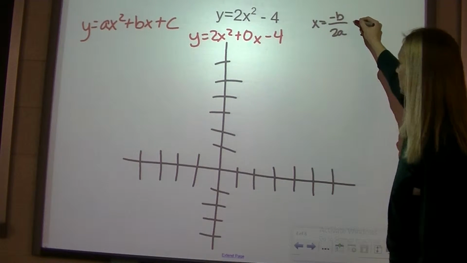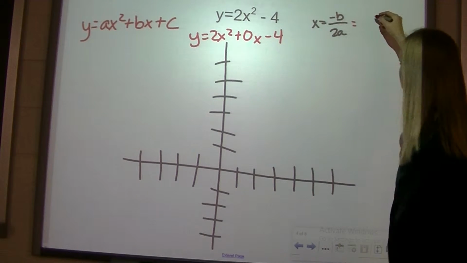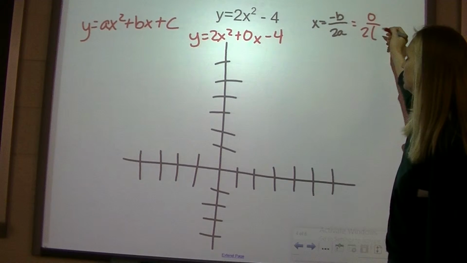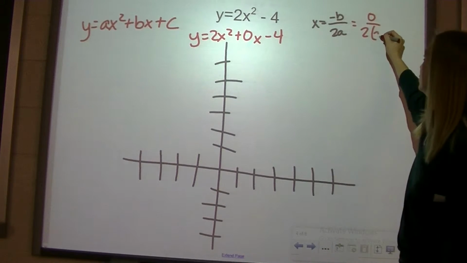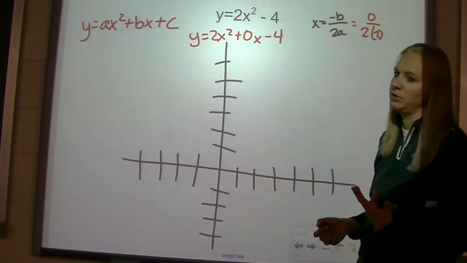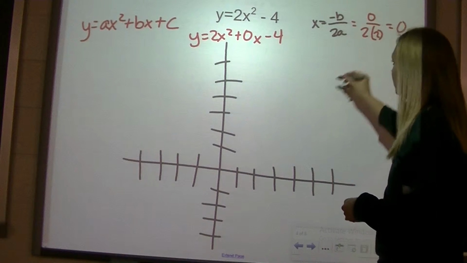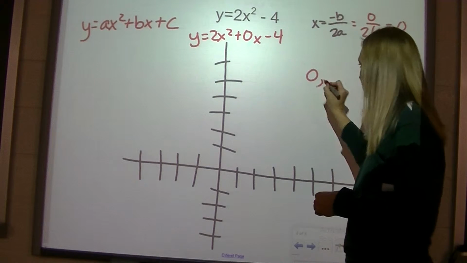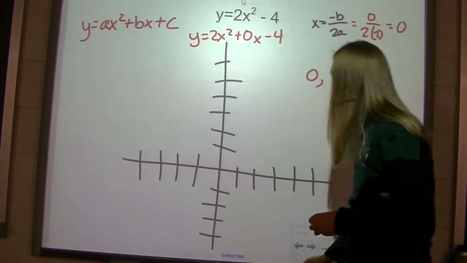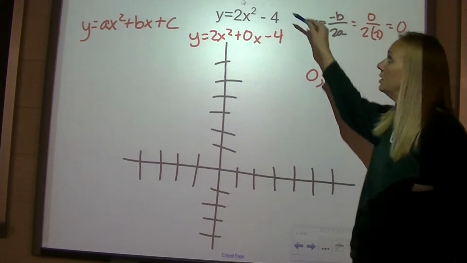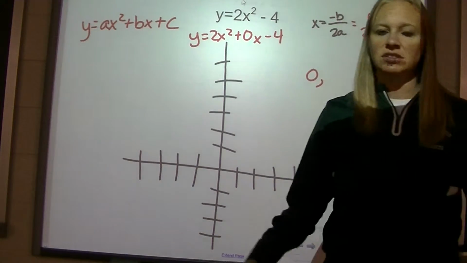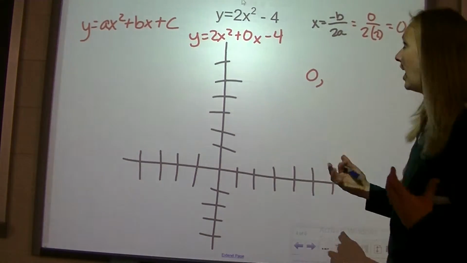So when we use opposite b, it's still going to be 0 over 2 times our a term, which is 2. So it's 0 over 4, which really we didn't even have to do, because 0 divided by anything will be 0. So the x coordinate is 0. To find our y coordinate, we take 0, plug it into our original equation, and see what y equals.